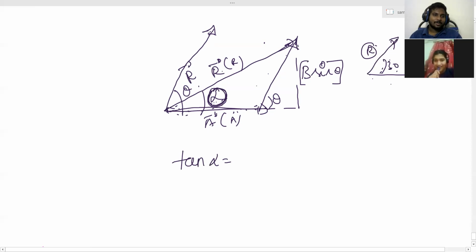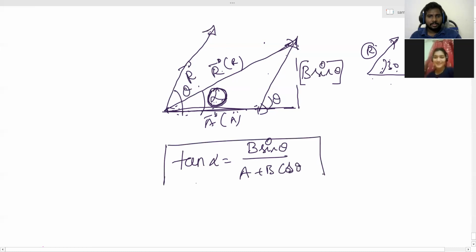You told tan theta is what? Opposite side by adjacent side, right? Sir, perpendicular by base only, no, sir. Okay. Opposite side, that is B sin theta, by the entire A side, that is A plus B cos theta.